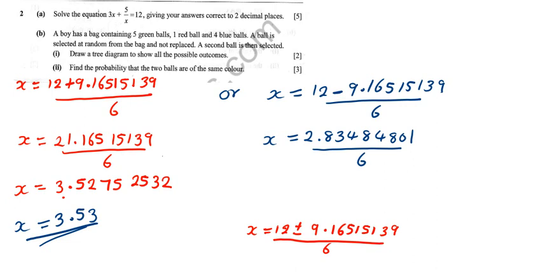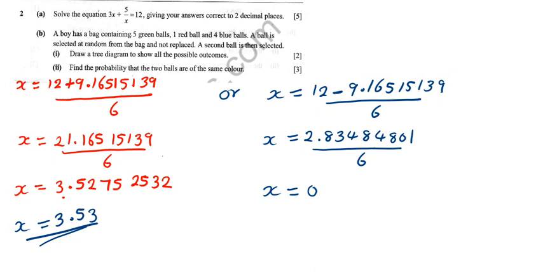So we divide 2.83484801 divided by 6. Our value of x is equal to 0.474768.